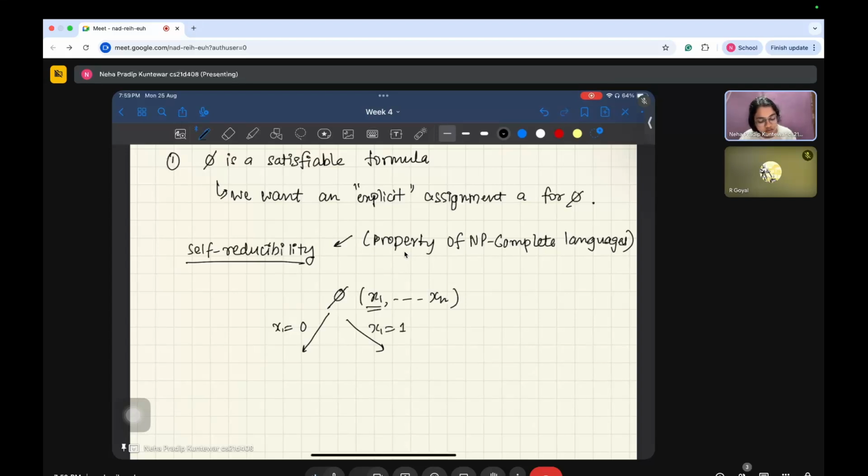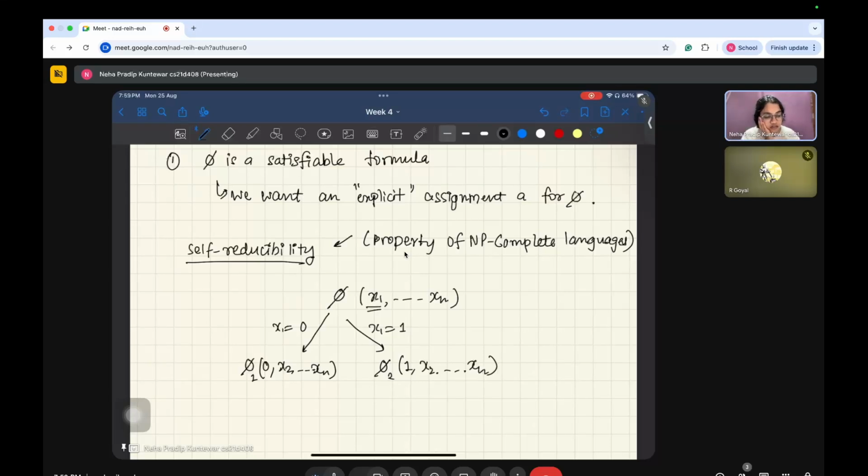Now this reduces to another formula, phi prime, or I'll call it phi1 for now, where x1 is replaced with 0, so you can simplify it, and x1 is out of the picture, and you have another formula on n minus 1 variables. Similarly, in the other case we will get another formula on n minus 1 variables.